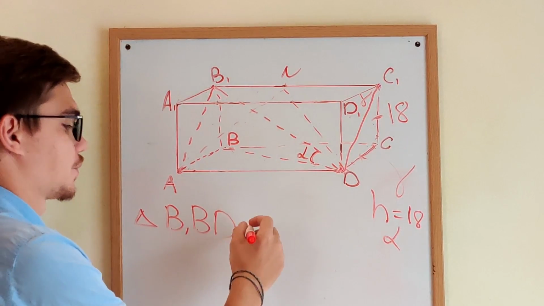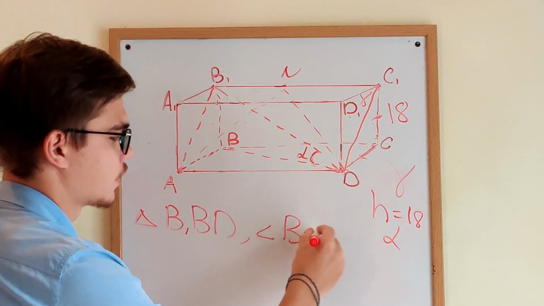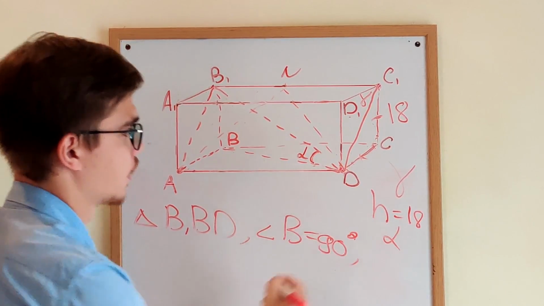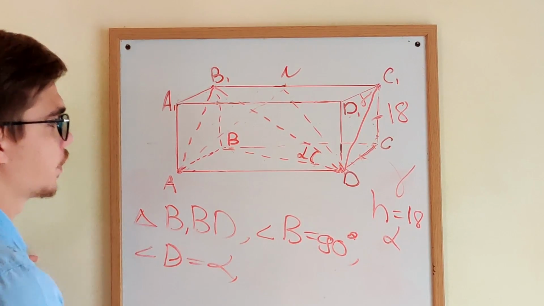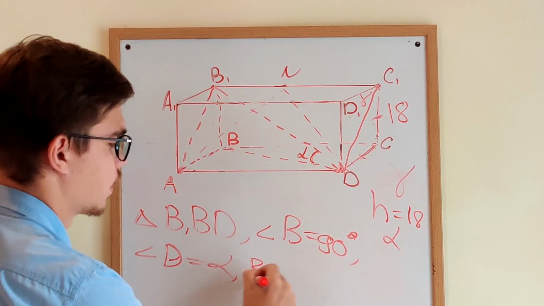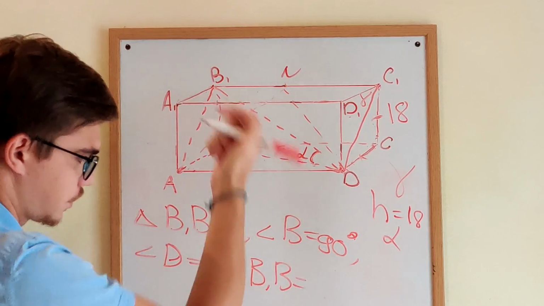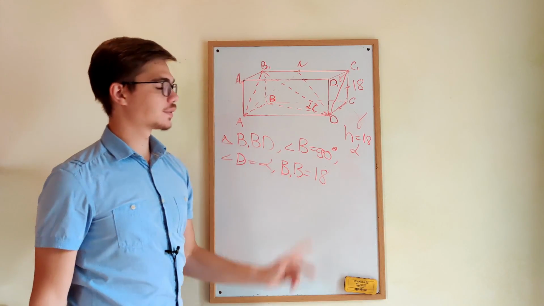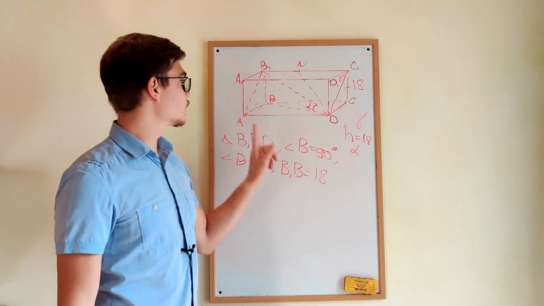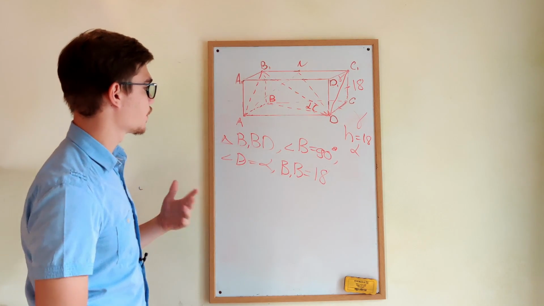This triangle is a right triangle because the angle B is 90 degrees. The angle D is alpha, we know it, and the side B1B is the height, so it's 18. Okay, nice. But if you know the angle and the side in the right triangle, we can find everything else.